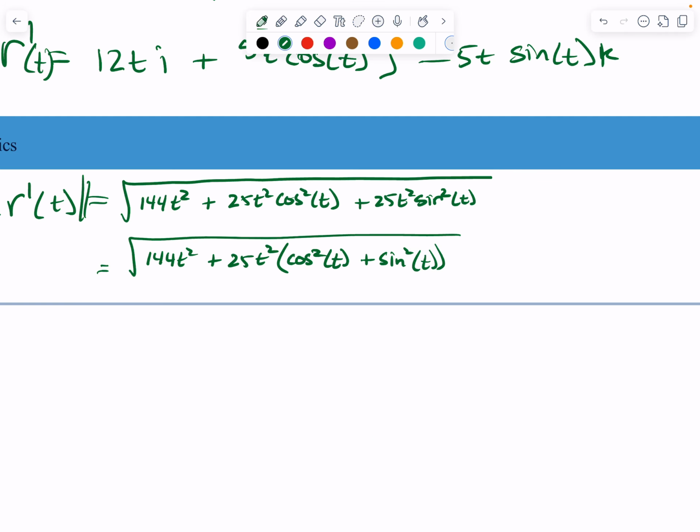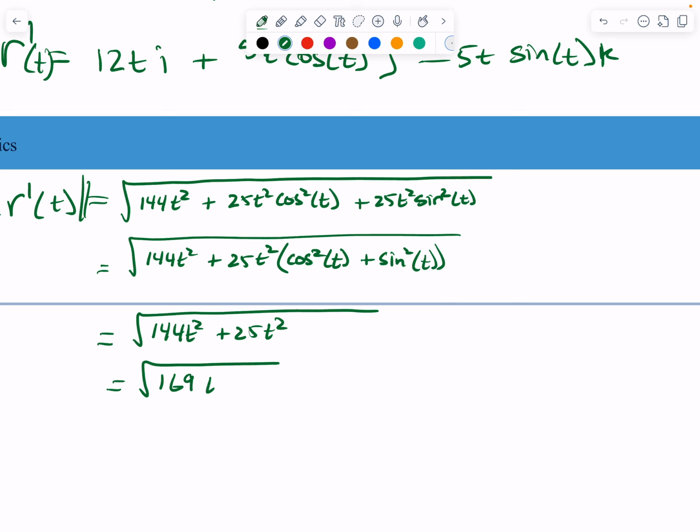And so cosine squared plus sine squared equals 1. So this gives me 144t squared plus 25t squared. Well, that's 169t squared. And hold on a minute. 169 is a perfect square, isn't it? It's just 13. So this will be 13t.